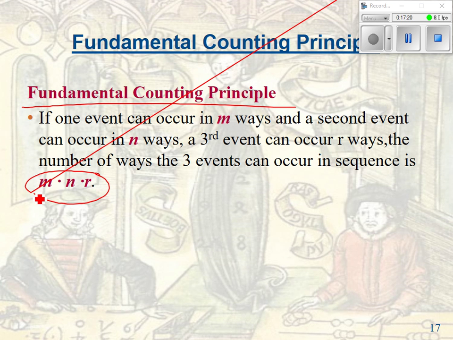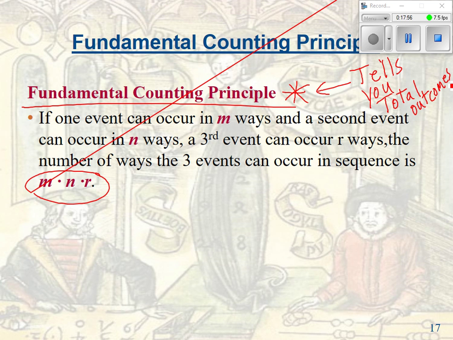Instead of us making a big long tree diagram for something like the pizza, if we have 7 different toppings that we serve at our pizza shop, and this is very, very important that you understand the fundamental counting principle, because it tells you the total outcomes. You might want to write that down somewhere. Fundamental counting principle tells you the total outcomes.